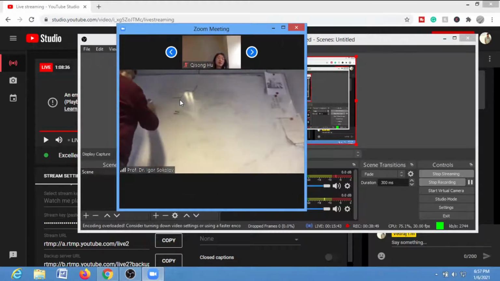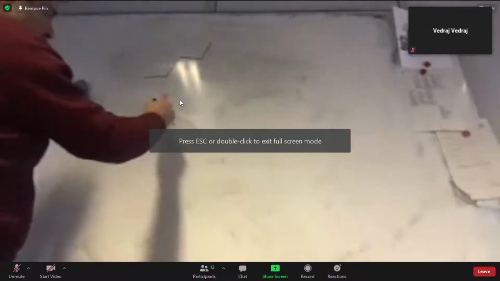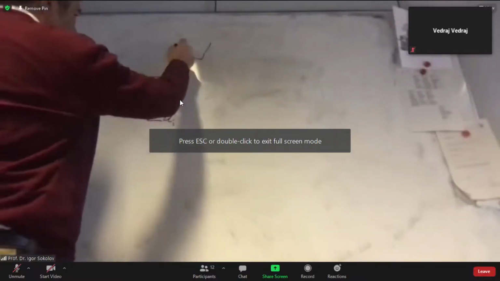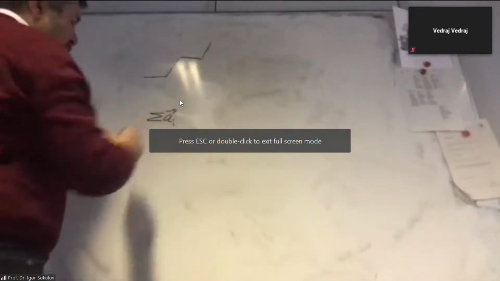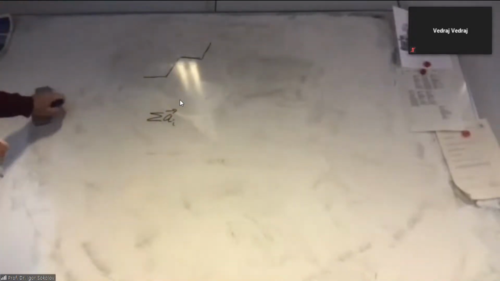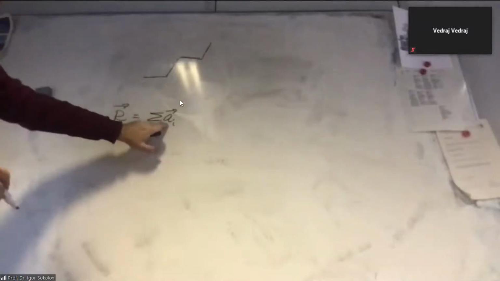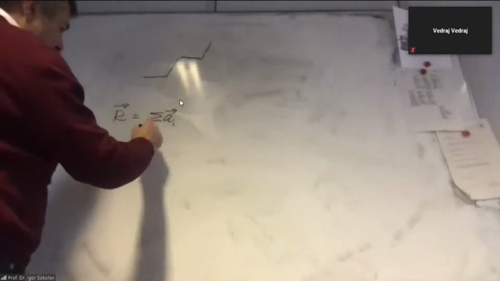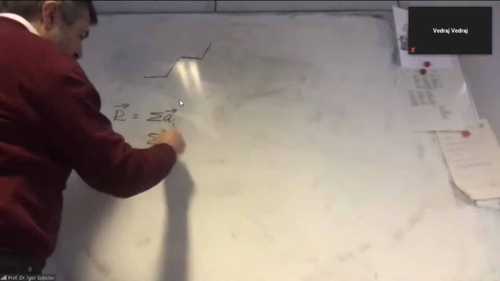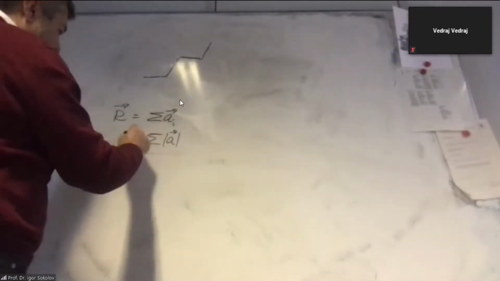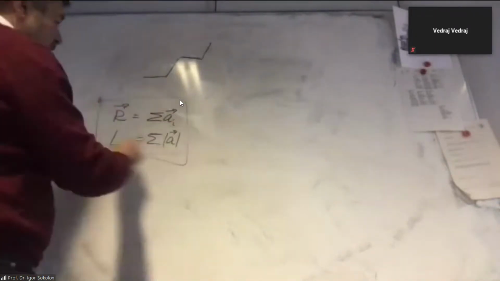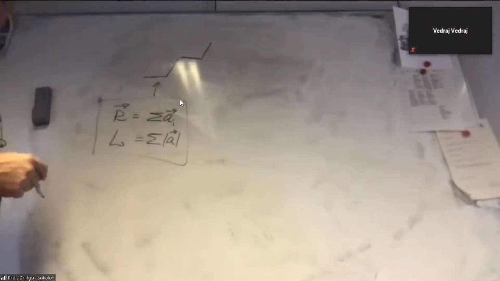Sum of a_i, and these a's were some vectors, and I sum all these vectors together with the directions, like vectors. And if I take the sum of the absolute value of r, then this is simply the contour length. This is my L, capital L. So this is for a discrete random walk.